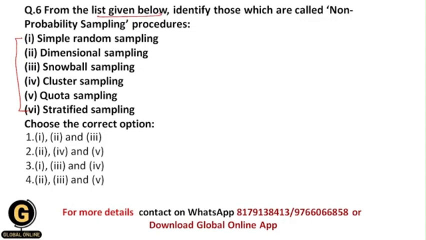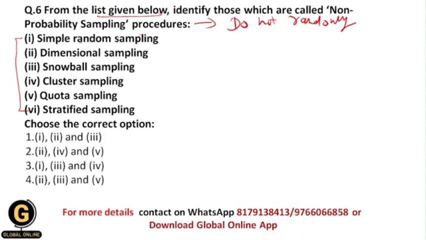Probability sampling means we randomly select the participants. But in non-probability sampling procedures, we do not randomly select the participants.